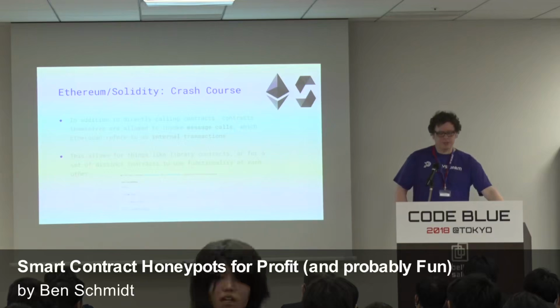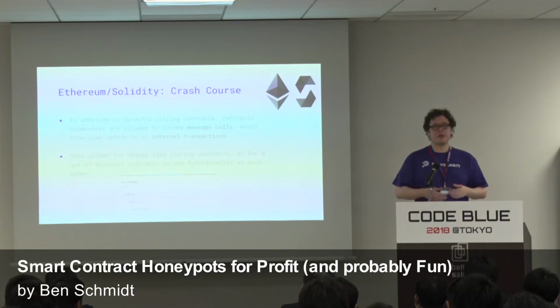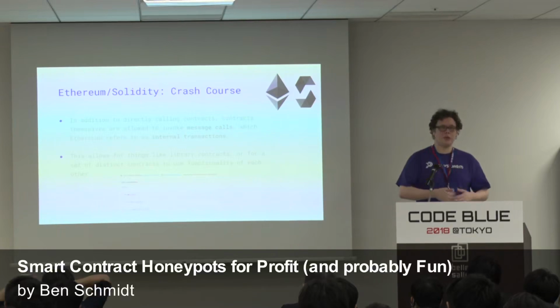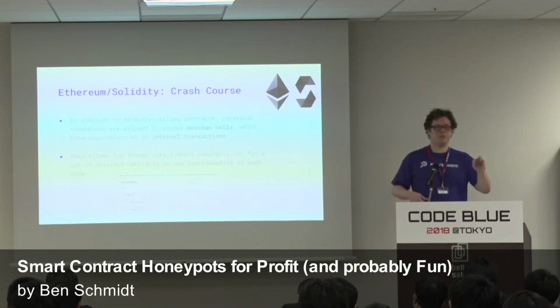So in addition to directly calling into contracts, contracts themselves are actually allowed to call functions in other contract accounts. So if you deploy a contract and it needs to access some other contract, so you want to log some data in a separate place, you can actually call into other contracts, and you get very complex chains of data at that point.